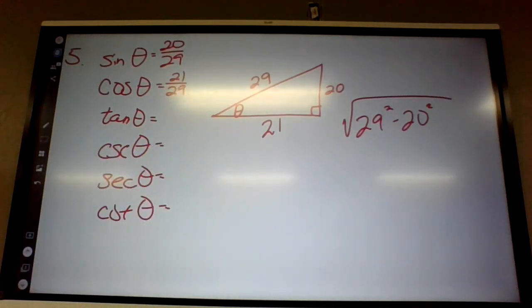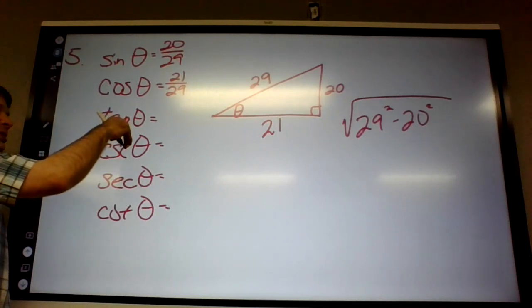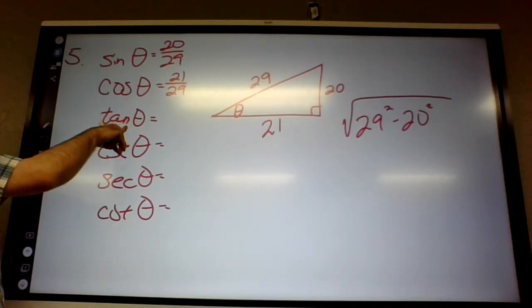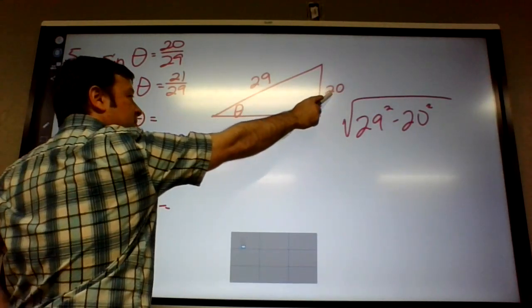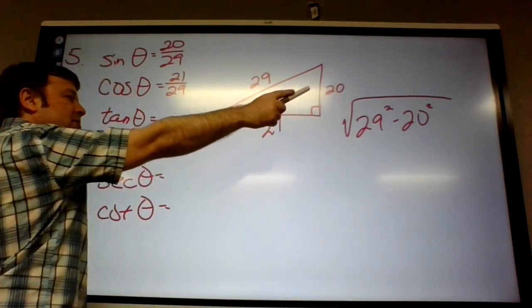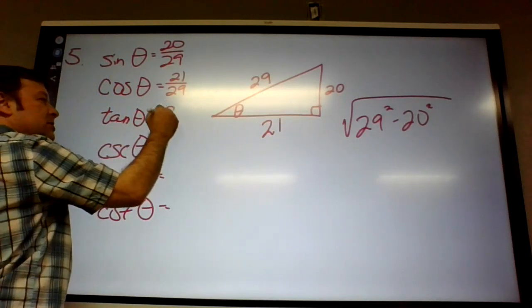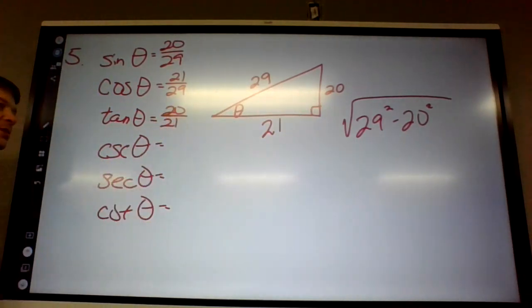Okay, those don't reduce. Actually, none of these reduce. But if they did reduce, we would need to, right? Always do if you can. A lot of people miss points on that. Tangent. Opposite over adjacent. Maybe I should make you guys do this instead of just talking through it.